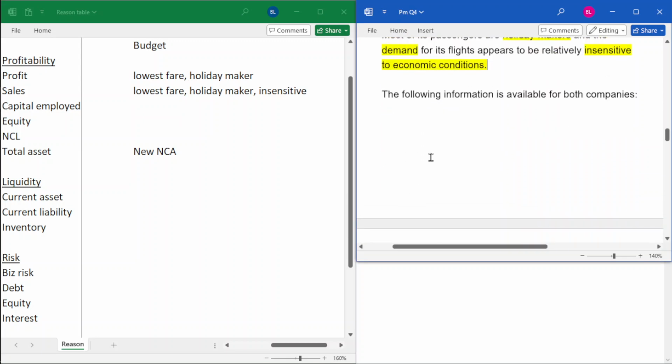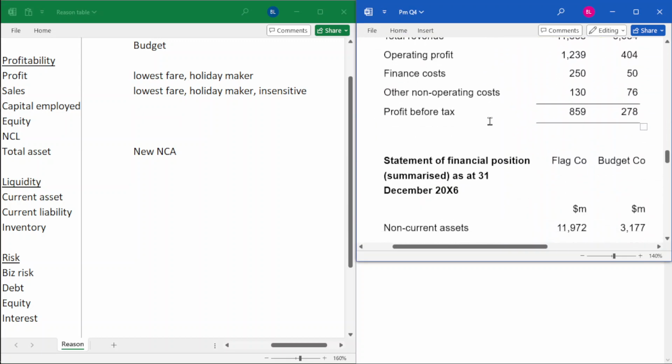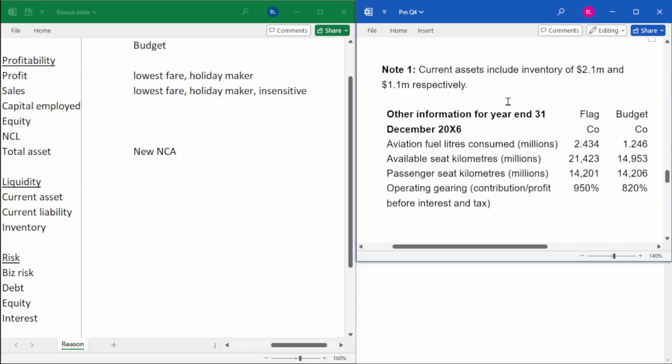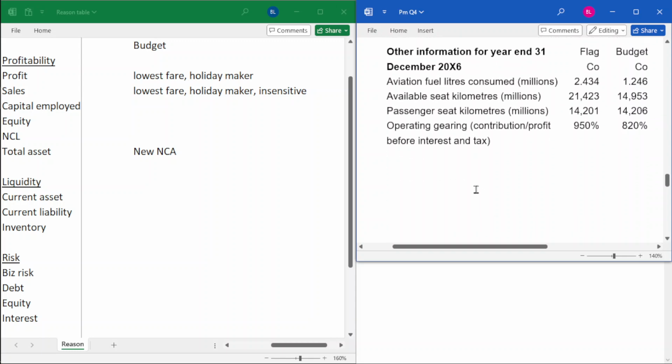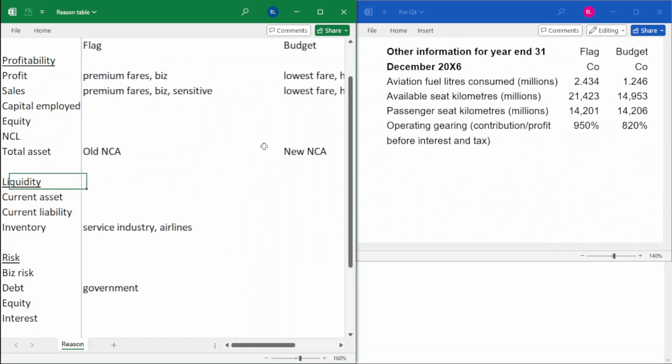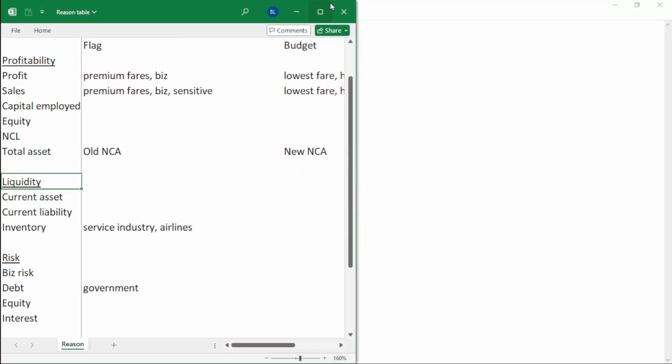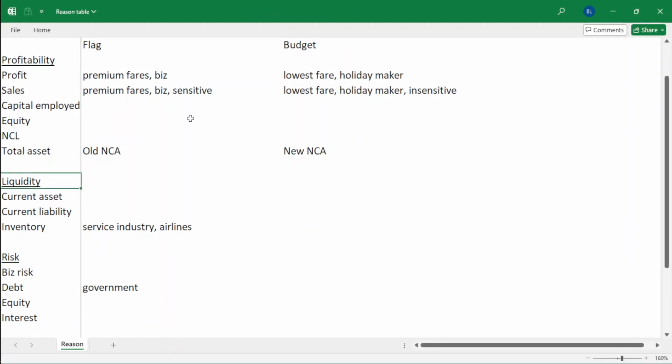So information is available. Let's look at this table here. You can see the blank thing, right? Maybe you can use ratio to link.